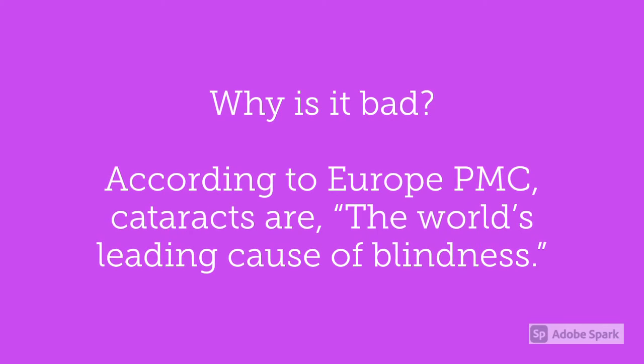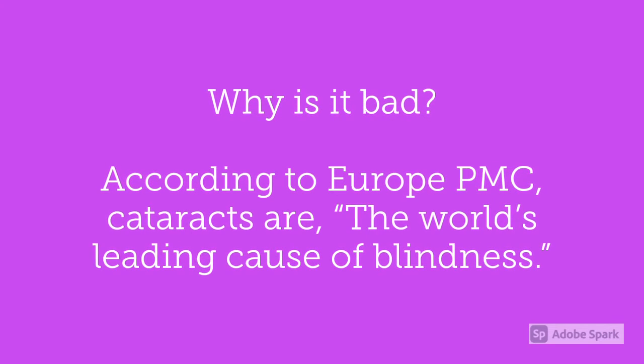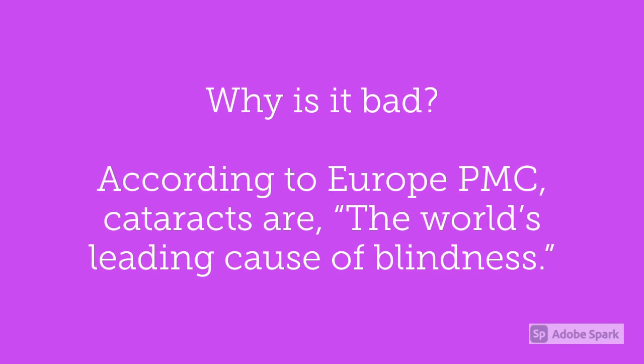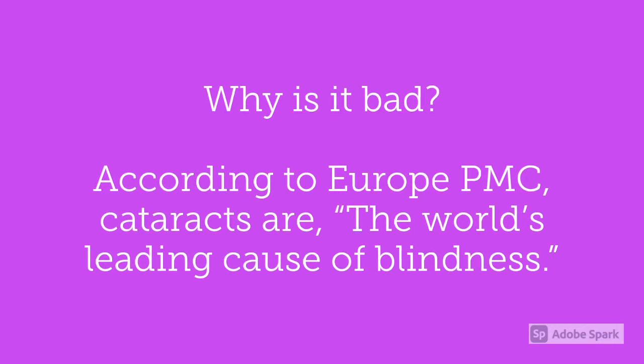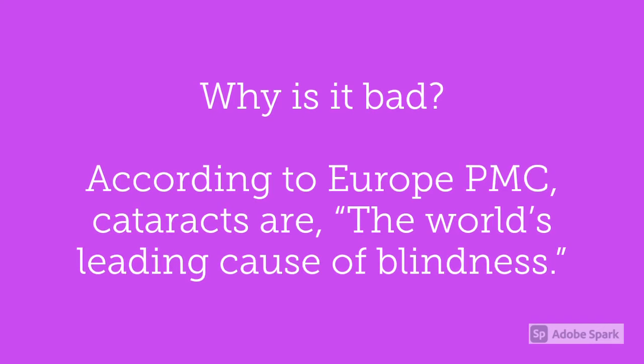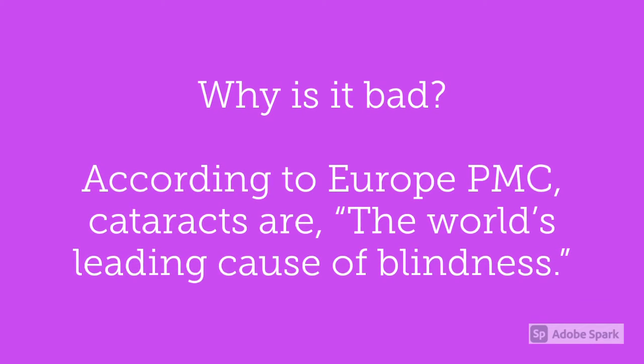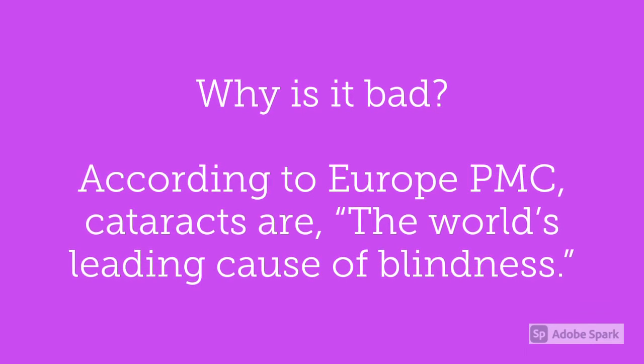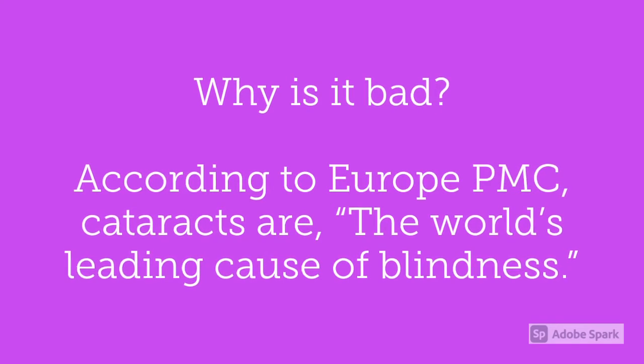Why are cataracts bad? According to Europe PMC, cataracts are the world's leading cause of blindness. This is largely due to other countries not having access to the surgical instruments that we have in the Western world.